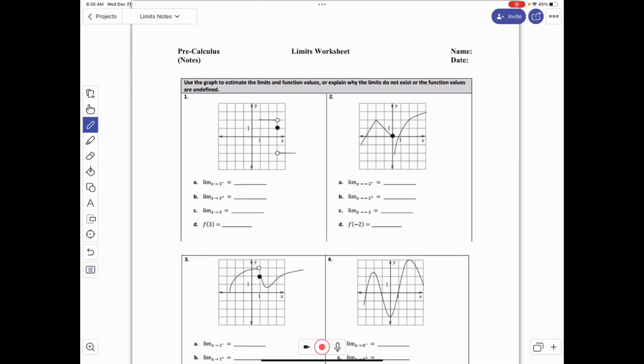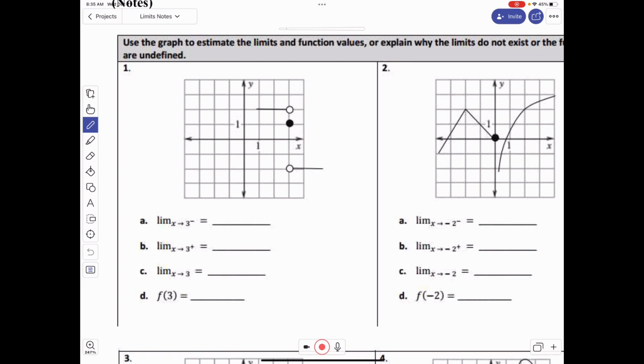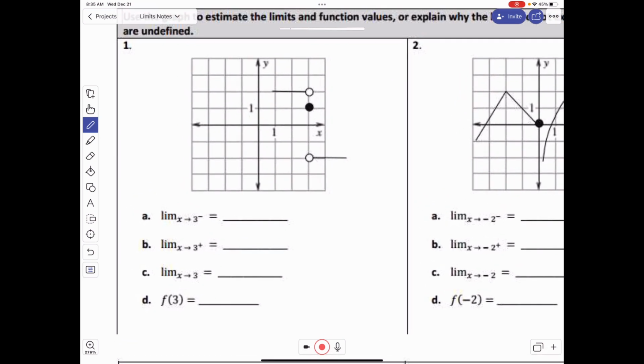All right, this section is on limits. And what we're doing is we're talking about the limit of a graph as x approaches a number. So on this first one, on A, we're talking about the limit as x approaches 3. And when we see this little negative sign, what that means is the limit as x approaches 3 from the left.